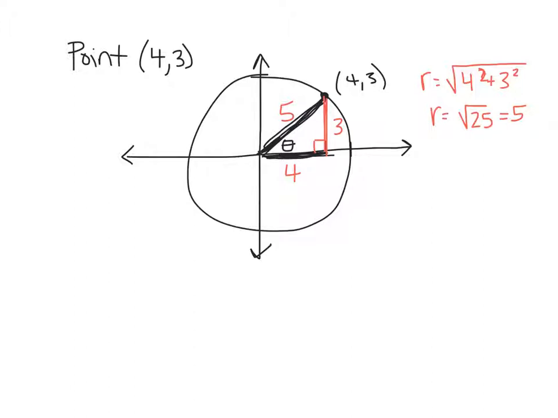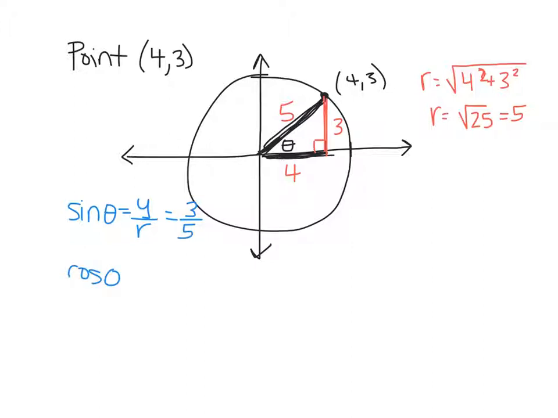Okay, so if we wanted to figure out what our 3 trig ratios would be here at this point, (4, 3), then we can write down that sine theta, its sine is actually opposite over hypotenuse, so sine is always equal to y over r, which in this question is equal to 3 over 5.